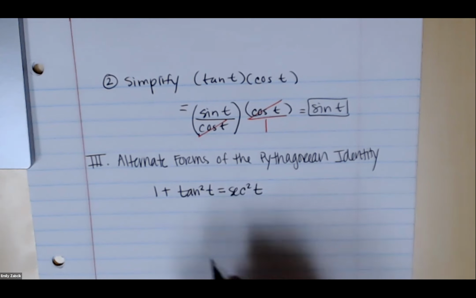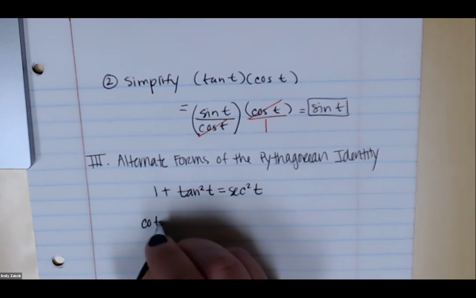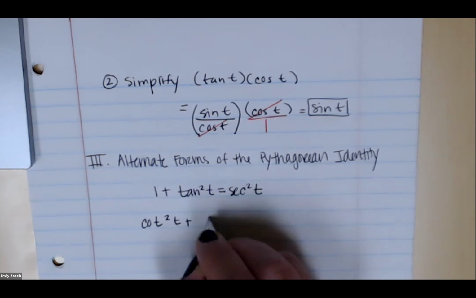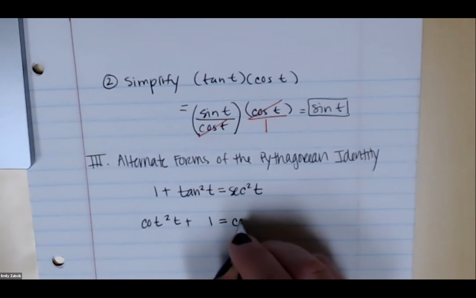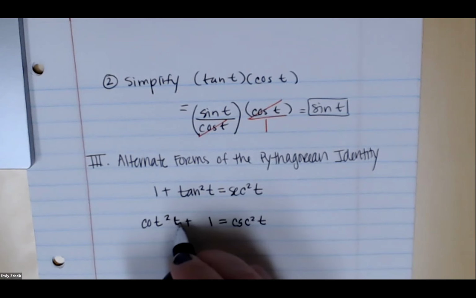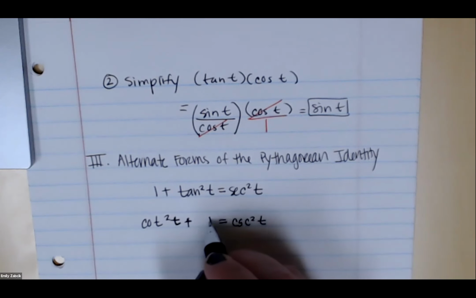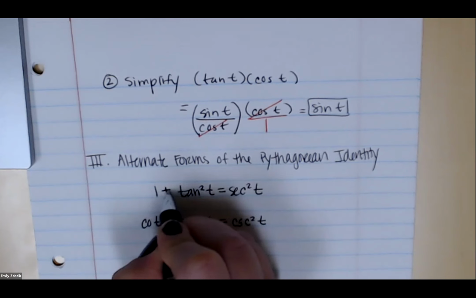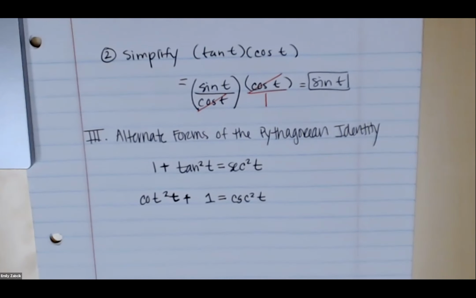It's just an alternate form. Or we can relate it to cotangent. Cotangent squared plus 1 is equal to cosecant squared. You can see why I do a curled t here. Look at all these plus signs, and there are even some ones. Throw in a pencil or a pen that dragged, and that could be a problem.